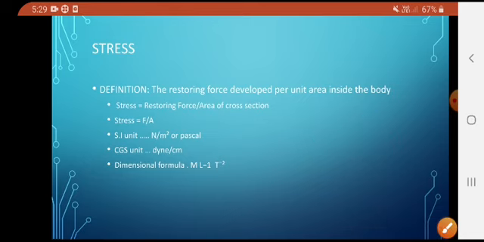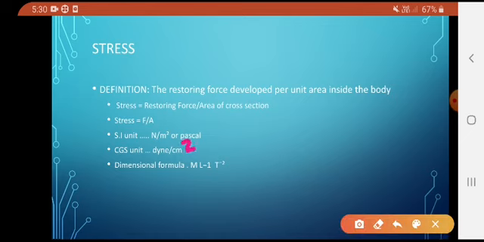The units for stress are Newton per meter square, or it is called a Pascal. And CGS units are dyne per centimeter square. These are the units for the stress.